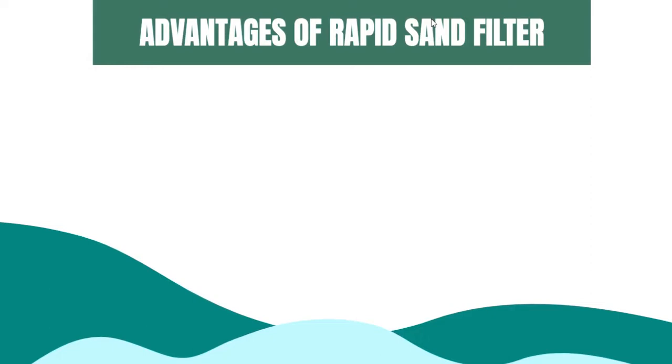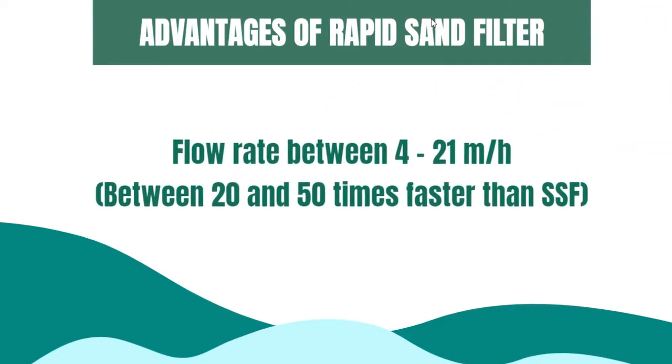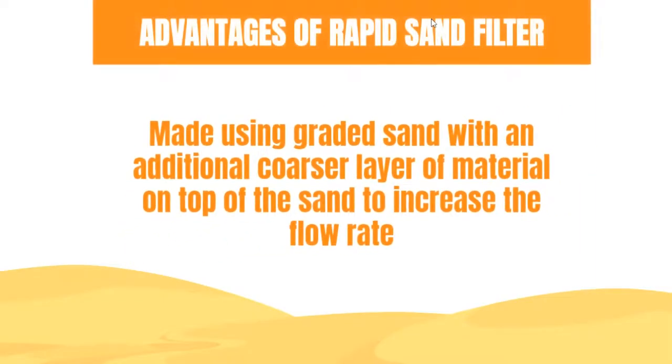Advantages of rapid sand filtration. First, a flow of between 4 and 21 m/h can be expected from a rapid sand filter, which is somewhere between 20 and 50 times faster than the range of slow sand filtration. Rapid sand filters are made using graded sand, sometimes with an additional coarse layer of material on top of the sand to increase the flow rate, for example anthracite, in which case they become known as dual media filters.